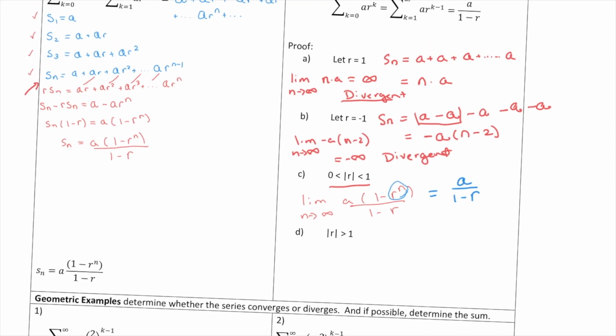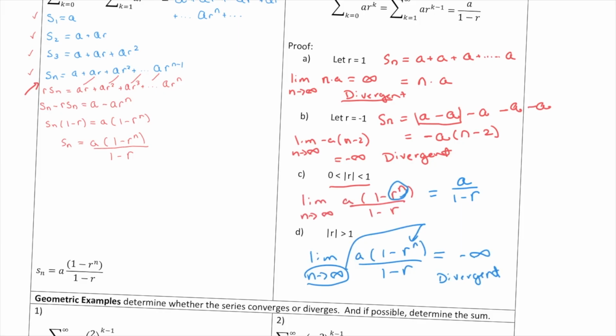Next, let's see what happens if r is bigger than 1. Let's take the limit as n goes to infinity of a times 1 minus r to the n over 1 minus r. As n goes to infinity, this exponent is going to get to be giant, and we will have negative infinity as our possible answer. And that tells us that this part is divergent.